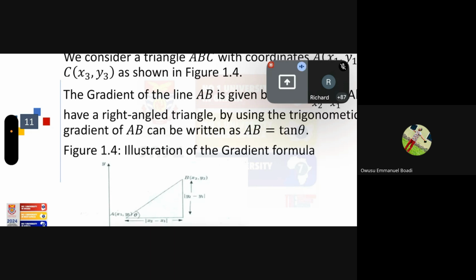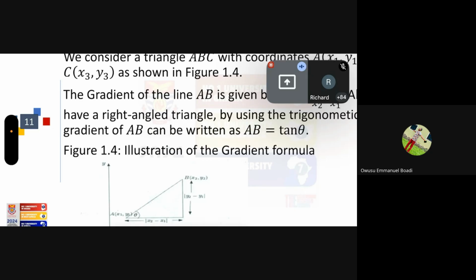Okay. So it's the angle here. We want to find the angle here. And then from Pythagoras, from our trig, if we say sine theta, cos theta, tan theta, I hope you remember.